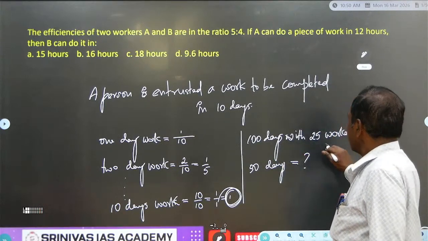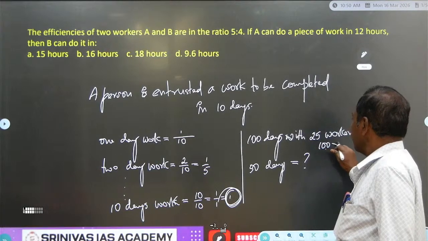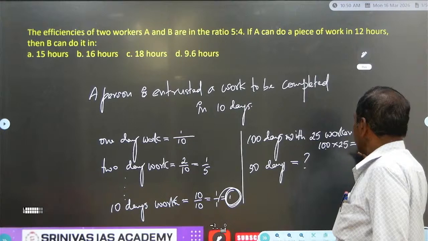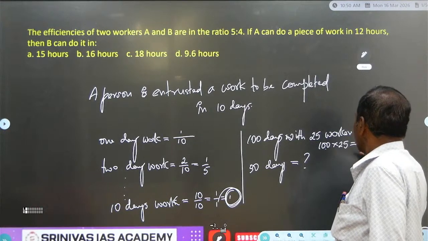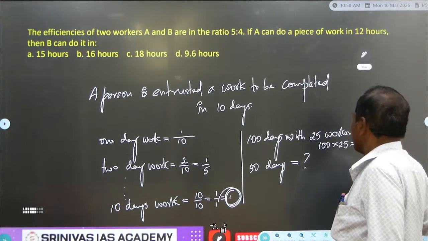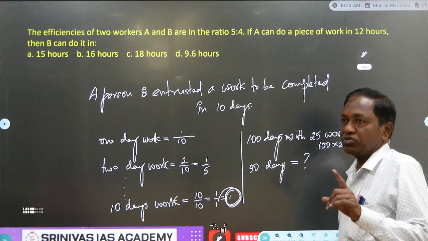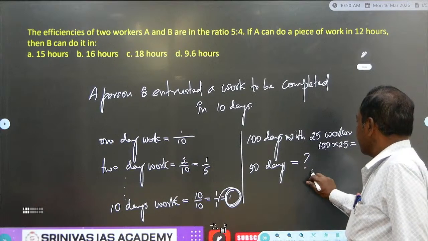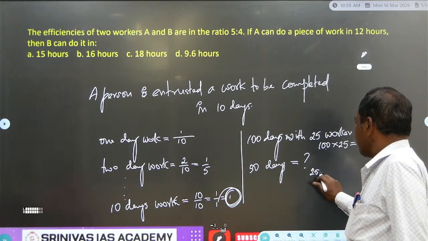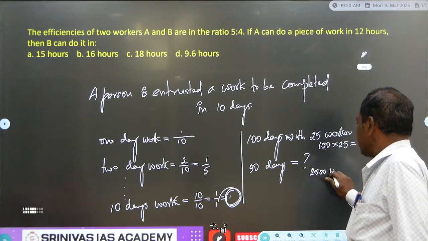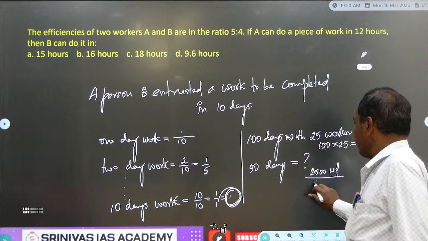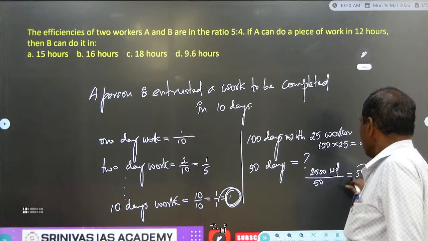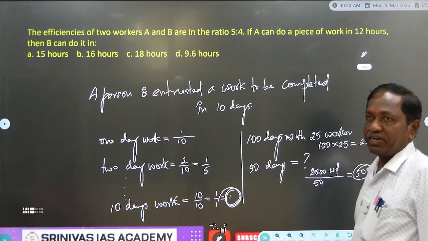It means 100 into 25, that is 2,500 work days are required. This has to be finished in 50 days. So 50 workers are required.